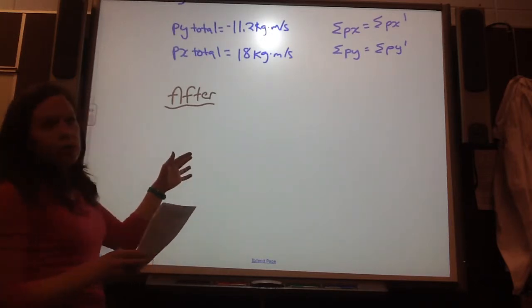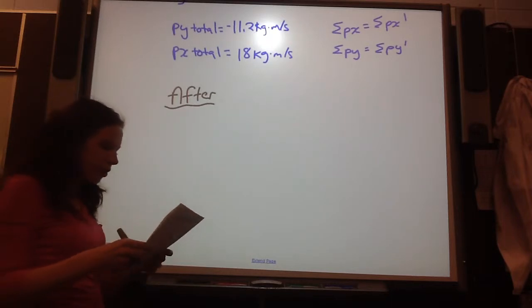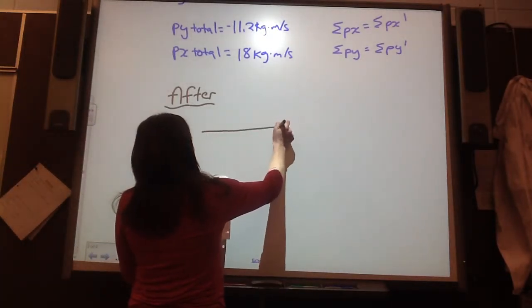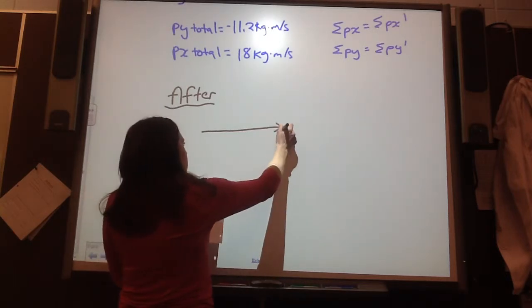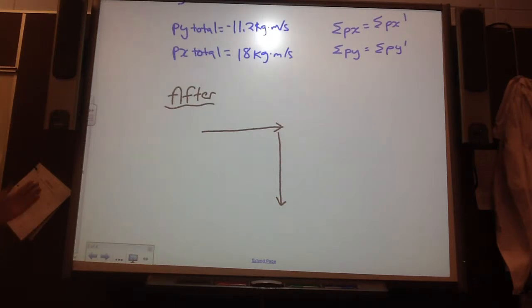So I'm going to use that assumption and make a new triangle to represent what happened after. So I had momentum that was going east, and I had momentum that was going south. Okay? That was my total momentum east and my total momentum south.